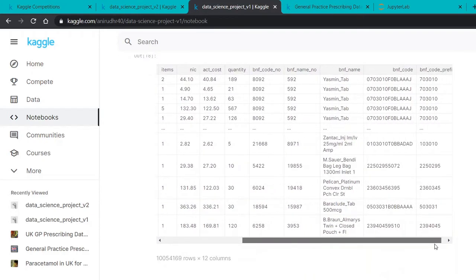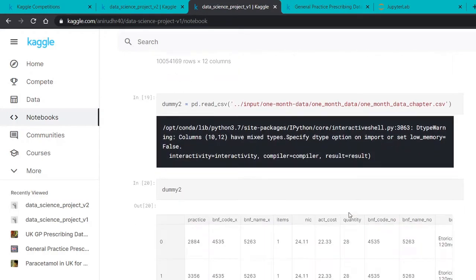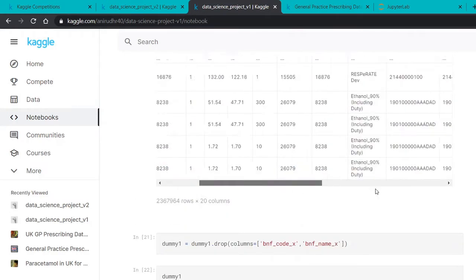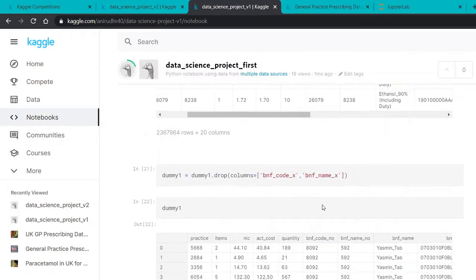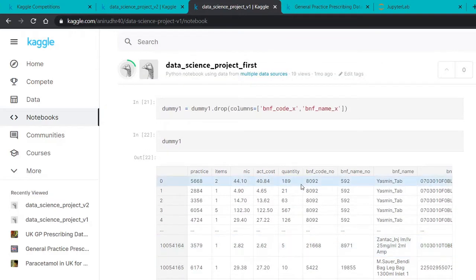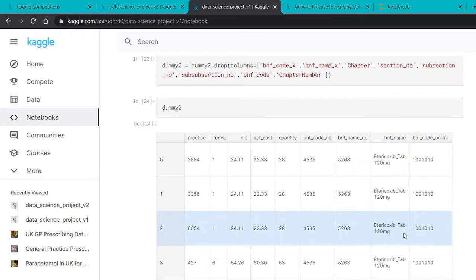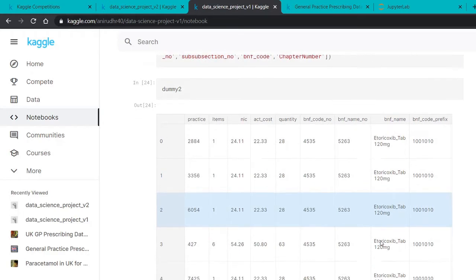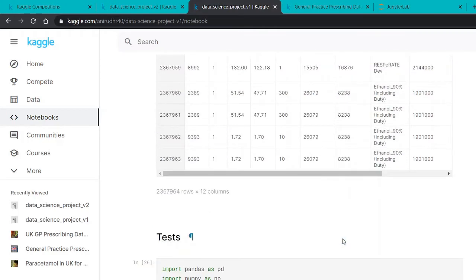And here is the combination of all chapter numbers, medicines, and everything. We've done some pre-processing: removing redundant values, dropping NAs and null values, and resetting the index for duplicates. All the pre-processing steps have been followed.